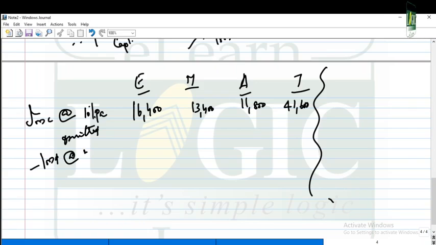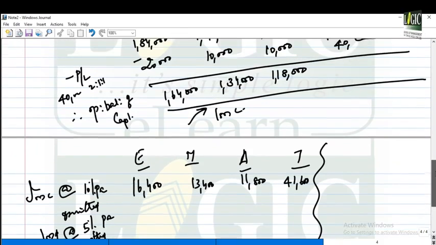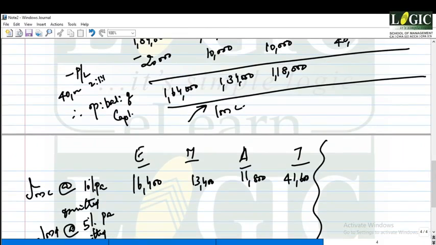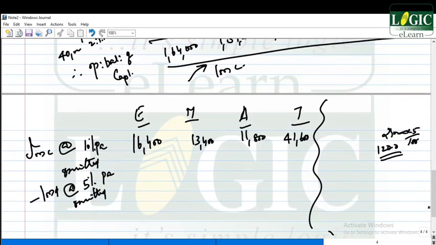So interest on drawings at the rate of 5% per annum was omitted. The first two people had 24,000 each, so 24,000 into 5 by 100 is 1,200. Since the period of withdrawal is not specified, you have to assume it was withdrawn in the middle of the year. Hence you provide interest on drawings for half a year only, so it will be 600.